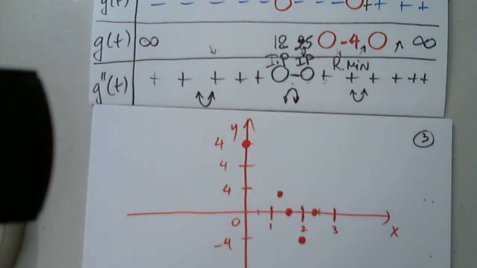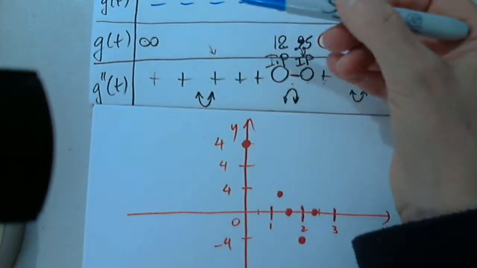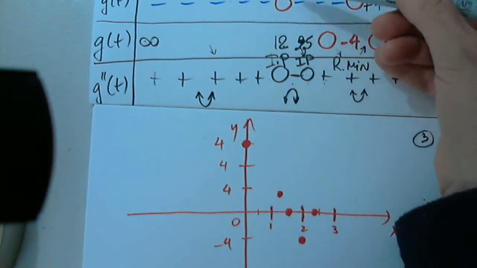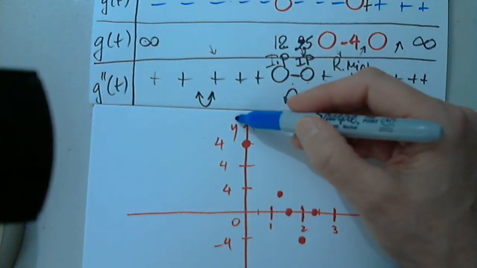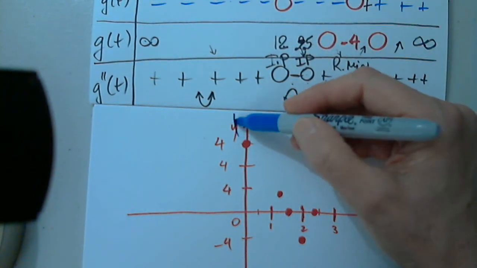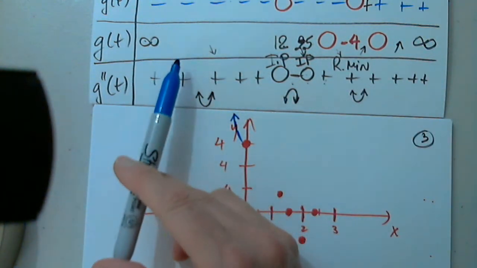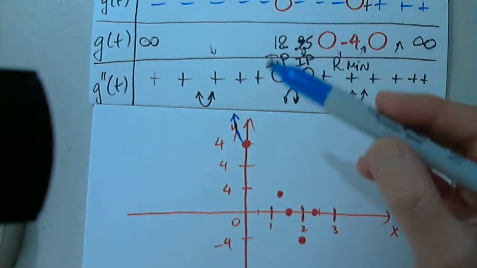And now, the function is coming from positive infinity, decreasing, opening up, crossing the y-axis at this point. So something like this. Decreasing, opening up, crossing the y-axis at (0, 12).